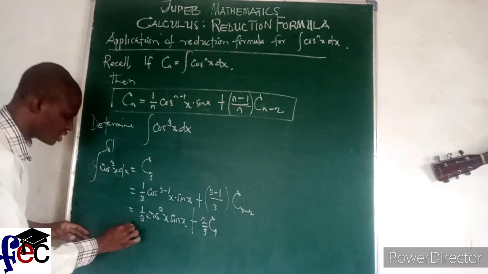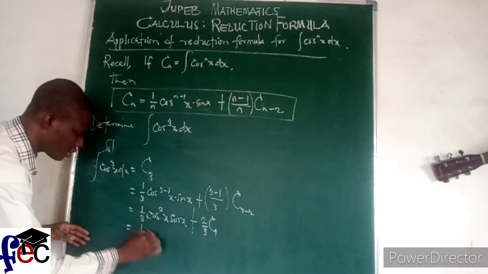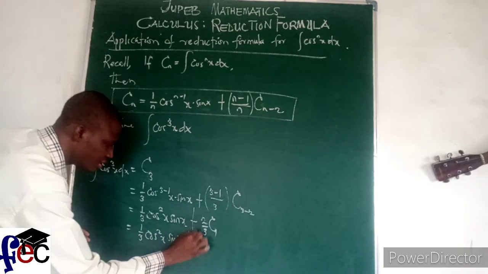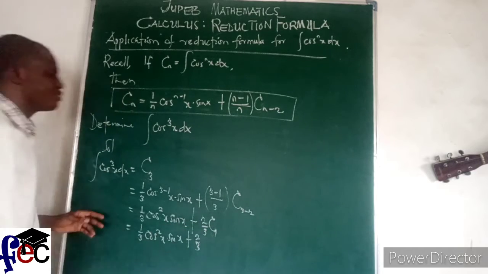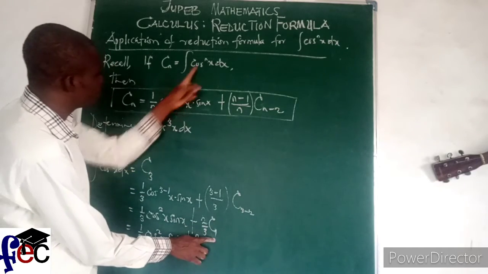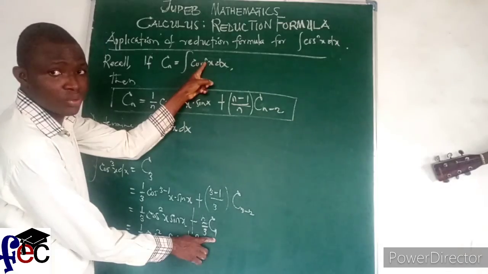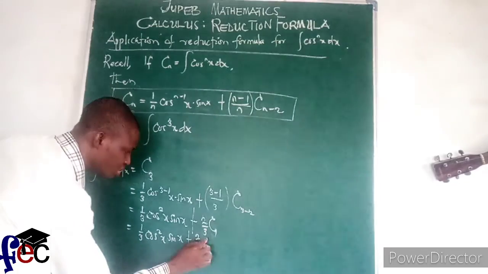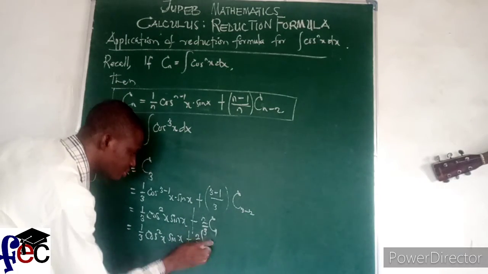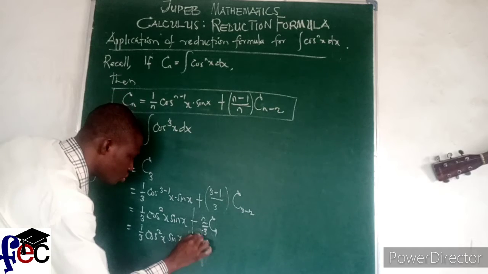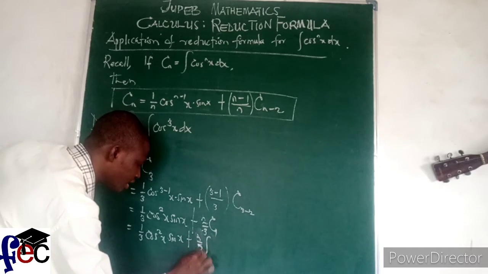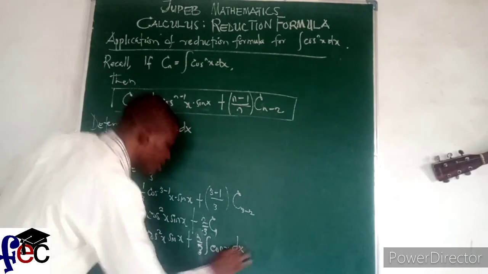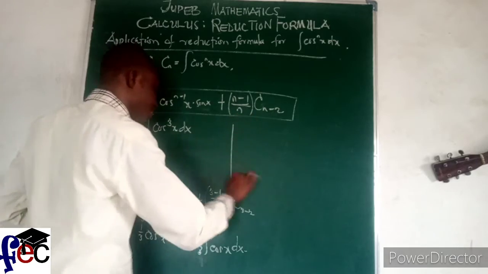And what would C sub 1 be? Just put 1 where there is n for cos x raised to power n. So this will become 2 over 3 integral of cos x raised to power 1 dx.